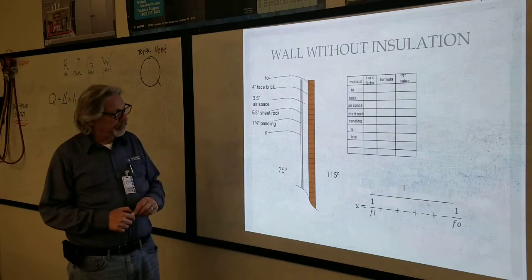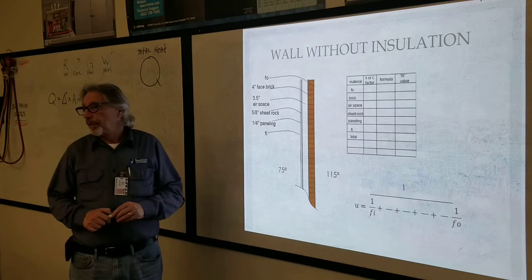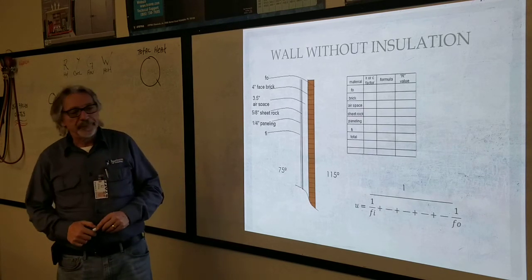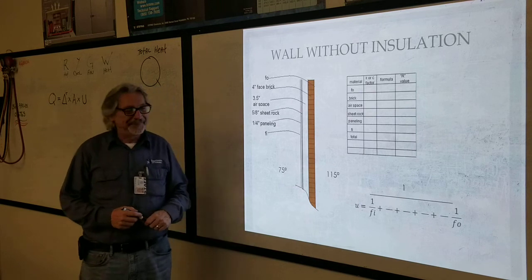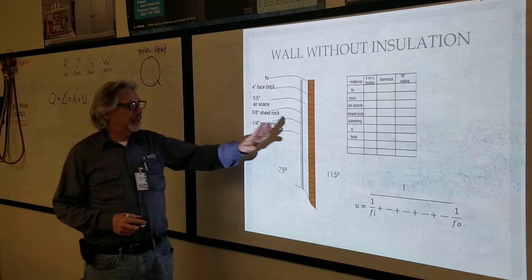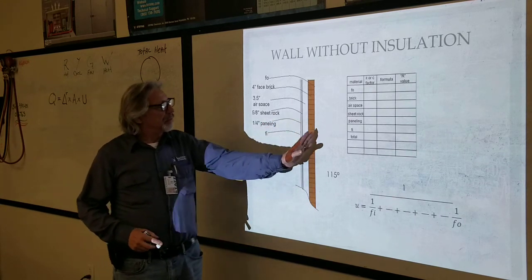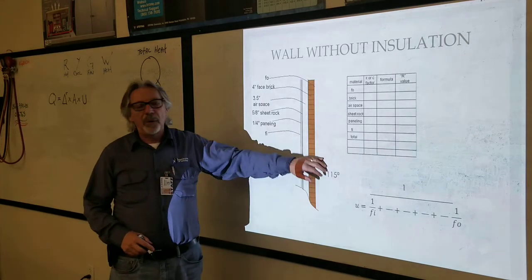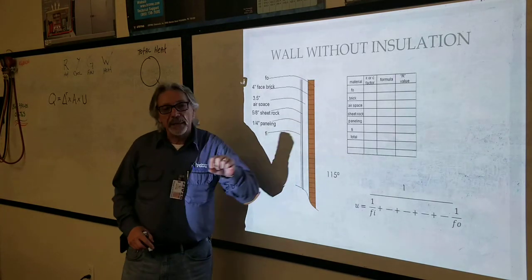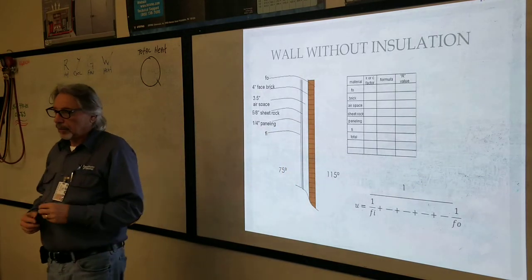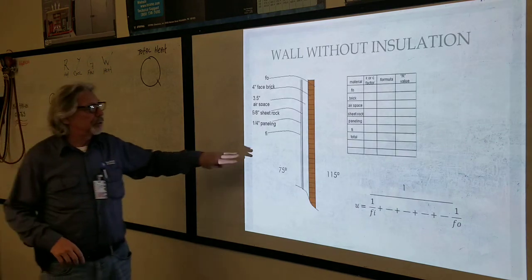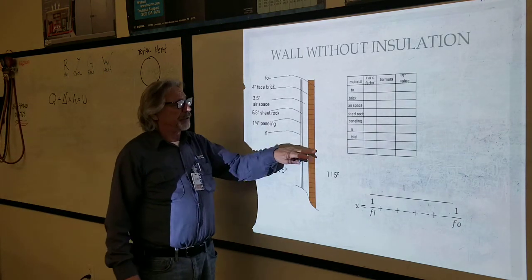We're not metric. So it's telling you that the air film along the inside of that wall and on the outside of that wall has an insulating effect, so that has to be considered in this formula.